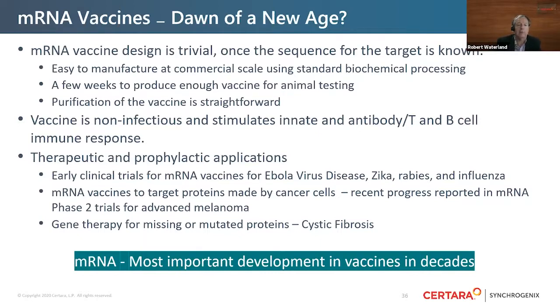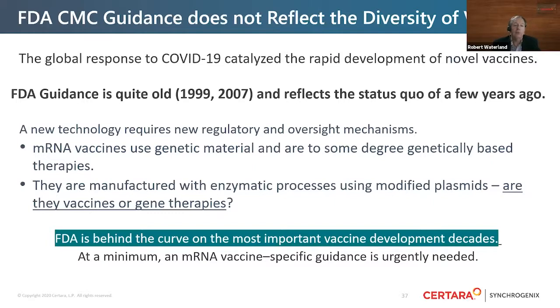Next slide, please. So unfortunately, because the global response to COVID came so fast and catalyzed this cascade of novel vaccines, FDA's guidance just doesn't reflect that. I mentioned before that FDA's guidance is pretty old and reflects the status quo of a few years ago. In general, a new technology will require new regulatory and oversight mechanisms.